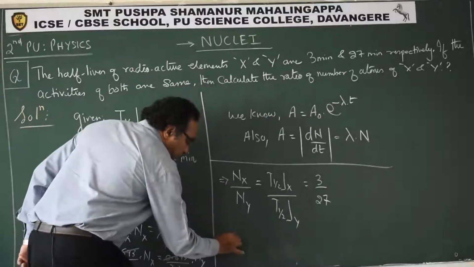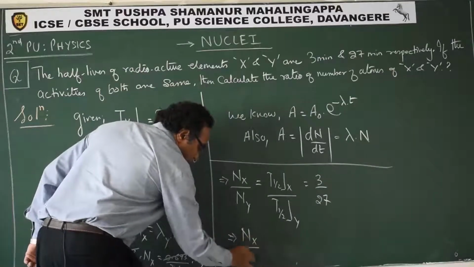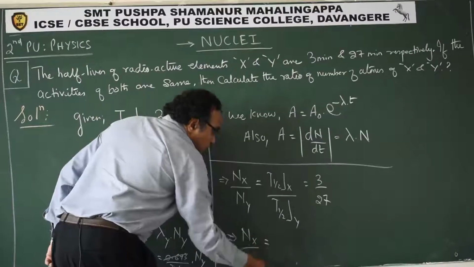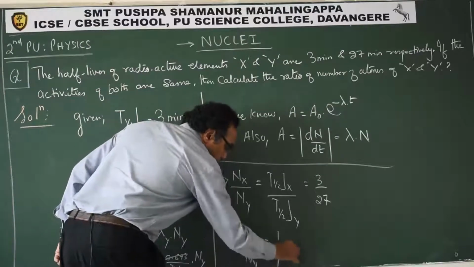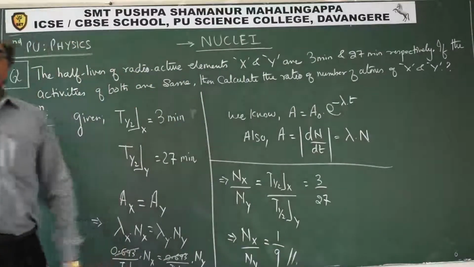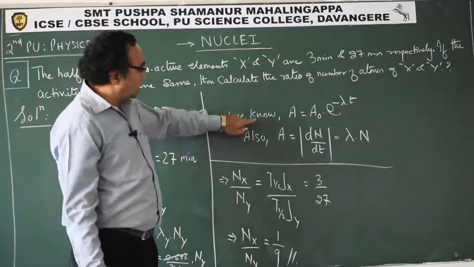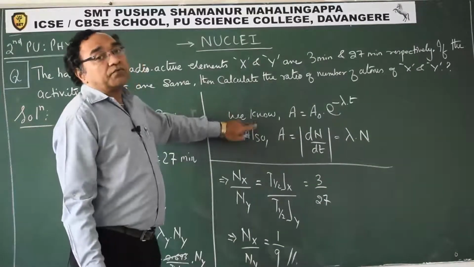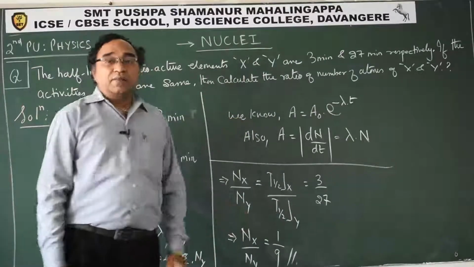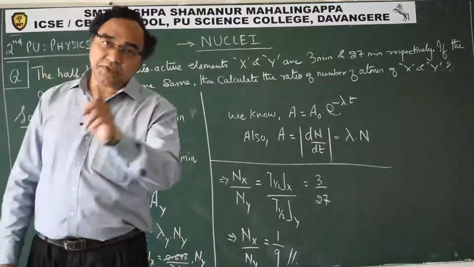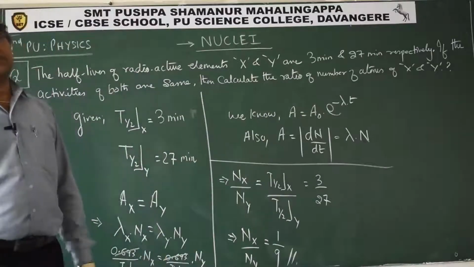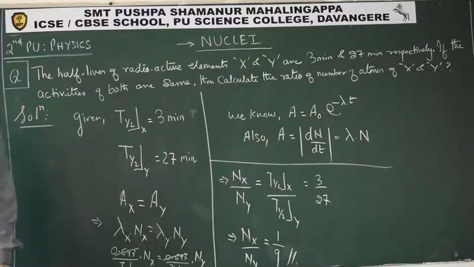So therefore we can say nx upon ny is equal to, this is exactly how we can come to the conclusion. Please students, concentrate how we are finding out of the available options which equation will suit the particular situation. This is what you have to understand.